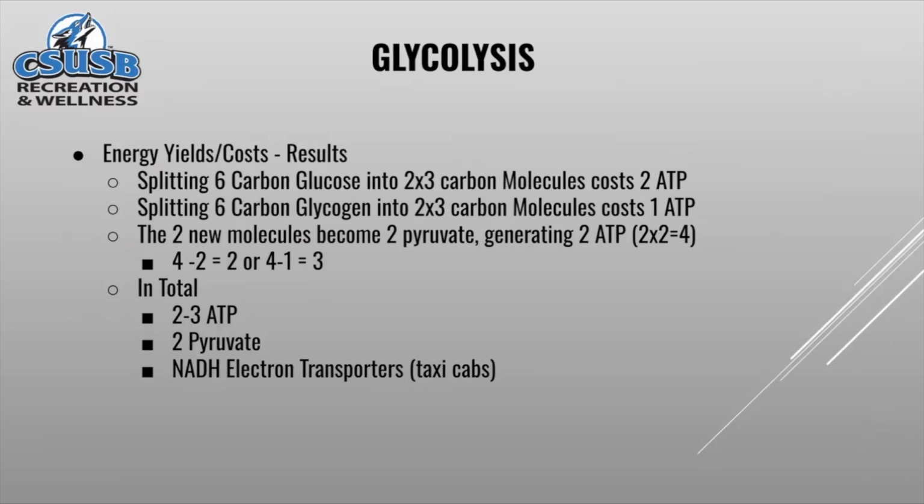So when we split that 6-carbon glucose, we get the 2 pyruvate molecules, and it's going to cost us 2 ATP to do this. So it costs ATP to do it. And then when we have glycogen, like I said, that's that sugar that we already have stored in our body, in the muscle, we can also store it in our liver. It only costs 1 ATP, right? So it's a little less costly to use it, but we don't always have it available.